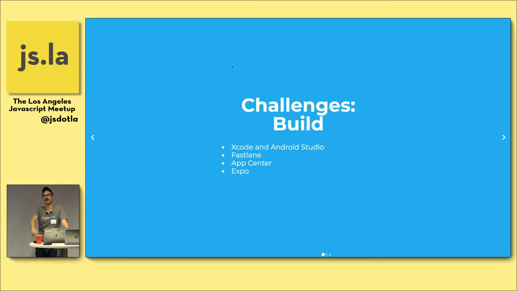But my favorite's Expo. Expo was on the scene when I first started looking at this a couple of years ago. God, probably not even that long. But it was good for kind of like a CodePen or JS Fiddle type thing back then, where you could mess around with it and demo things really easily. But if you wanted to get it to a store, you had to eject, which is always another couple hours of fuss.